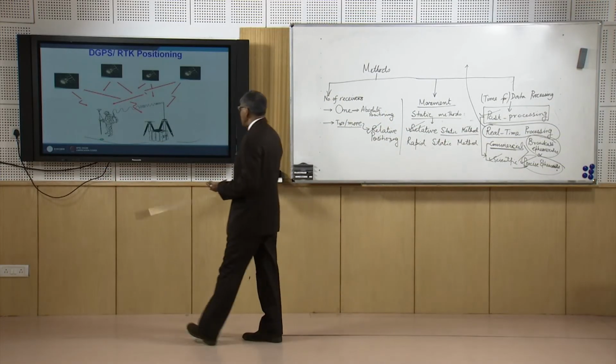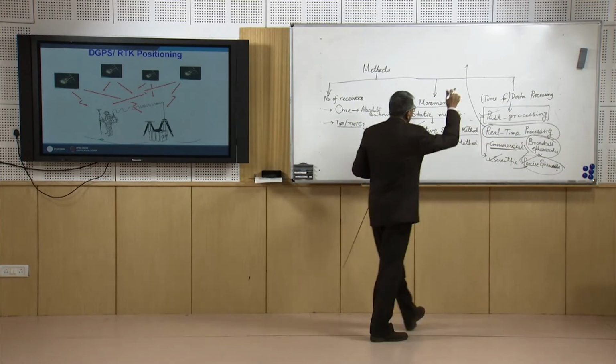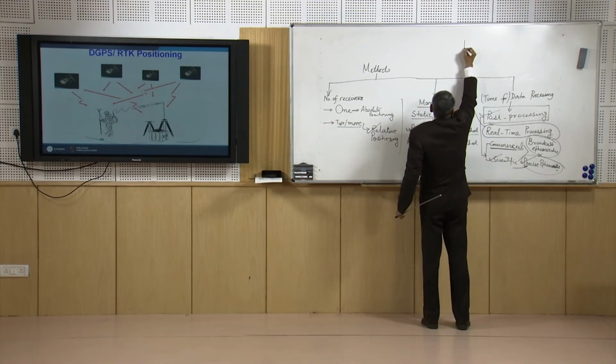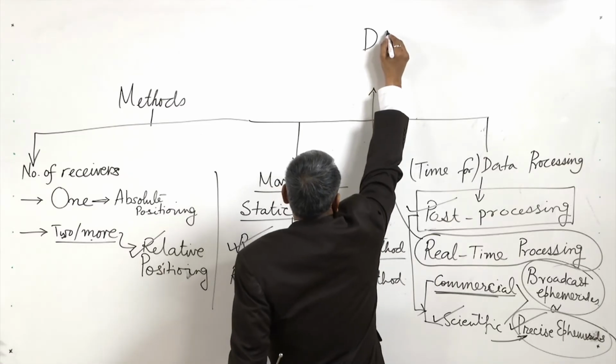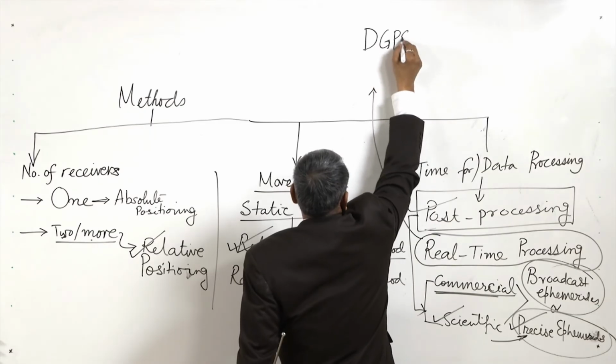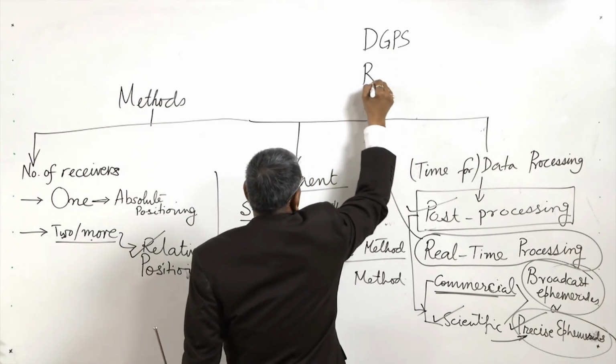Well, under this condition there may be 2 fundamental types, that is called DGPS and RTK.